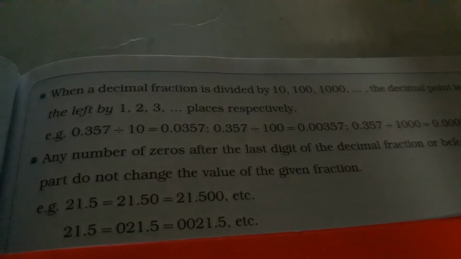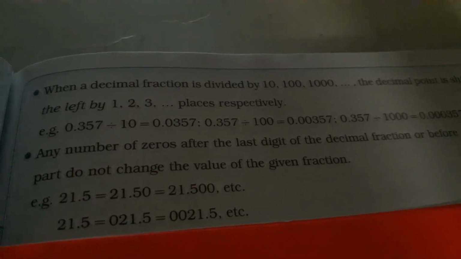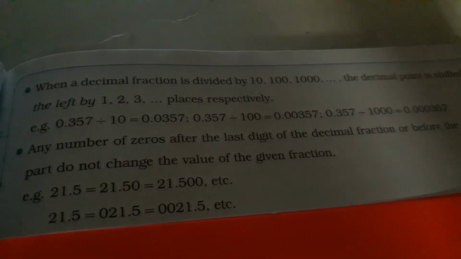See, for example, the same number we can consider, 0.357 divided by 10. What do we get? We get 0.0357. So it is shifted towards the left side.